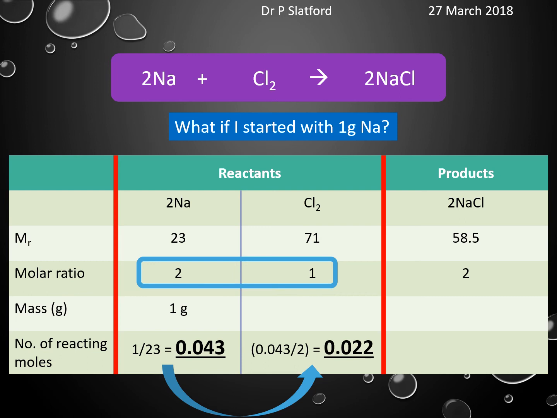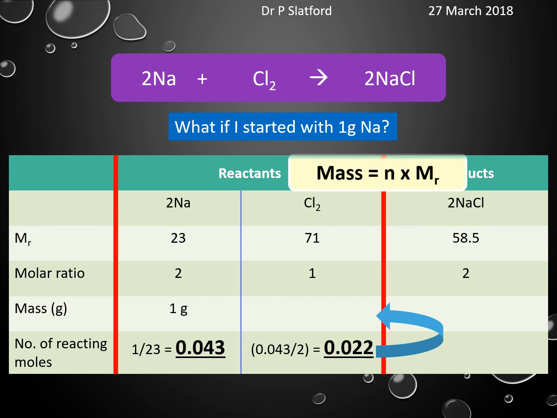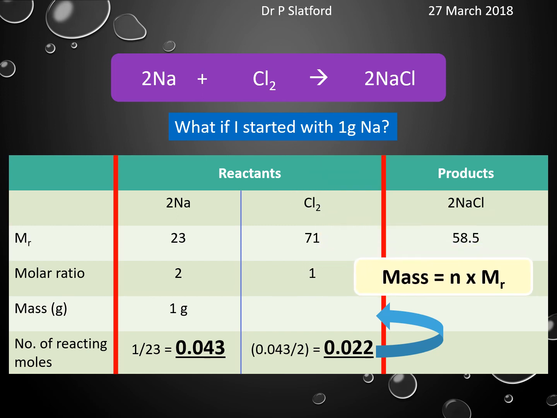What I can then do is convert my number of moles of chlorine to a mass of chlorine. And the mass is the number of moles times the relative formula mass, which in this case is 0.022 times 71. And that brings out 1.54 grams. I've still got one column left.